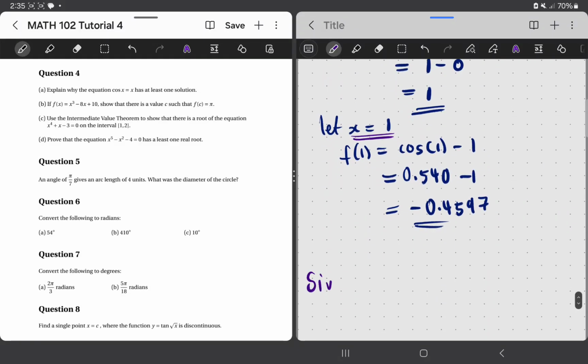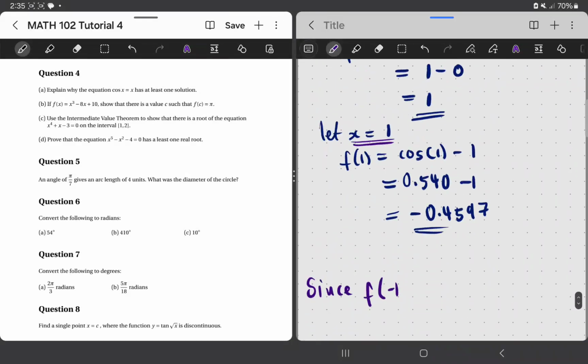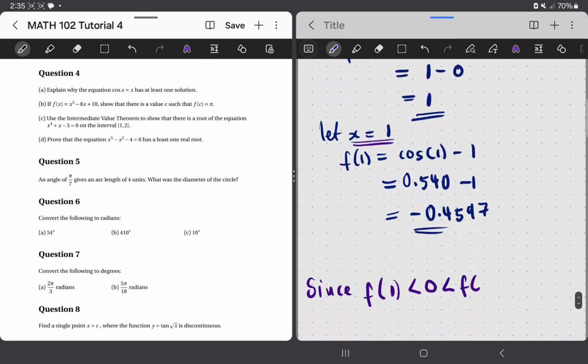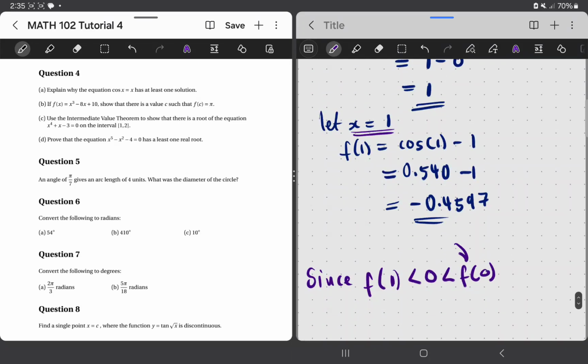So you can now say, since f of 1 is less than 0, which is less than f of 0, we start with the one that gives us negative. f of 0 is positive, so it's greater than 0. That's why we put it on this side, okay?